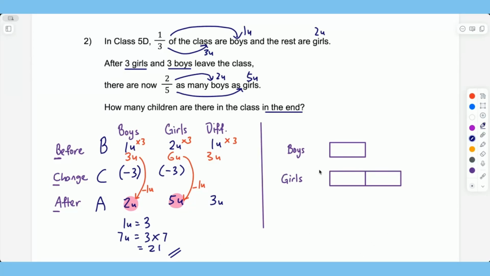Over to the model. In the beginning, or before the change, we have 1 unit of boys and 2 units of girls. Now I will slice one of these units into 3.